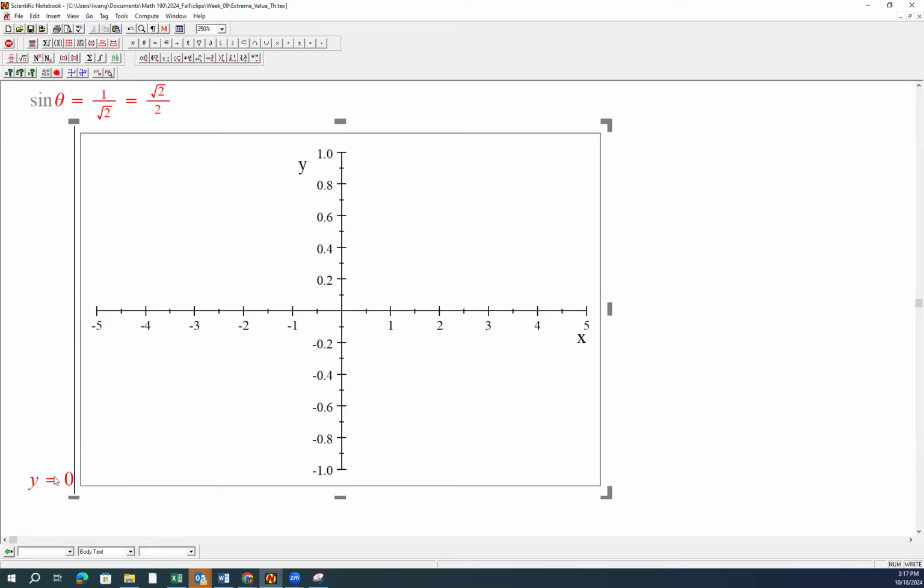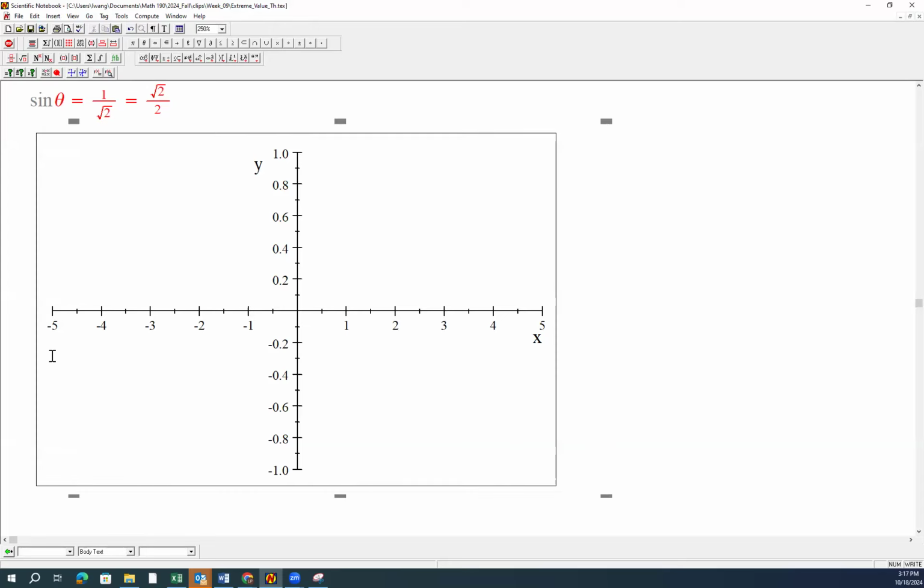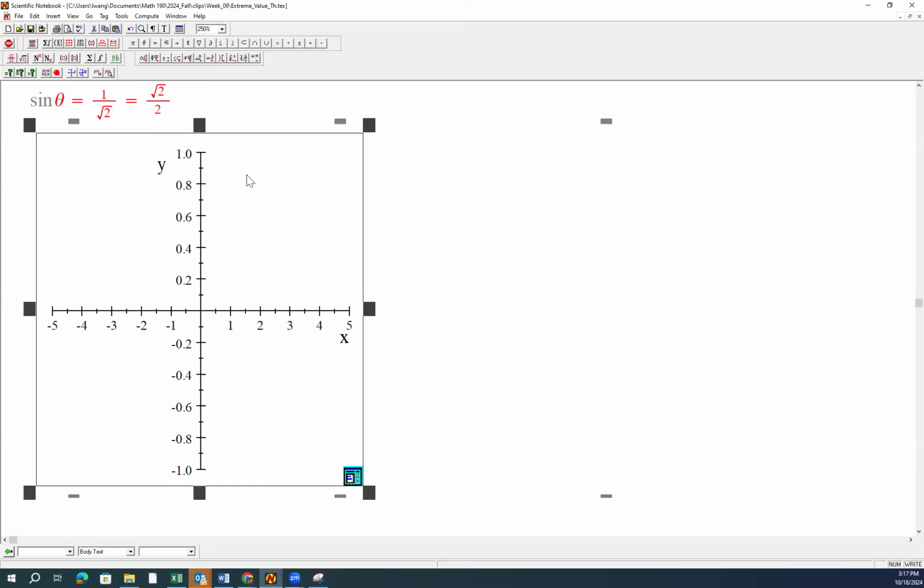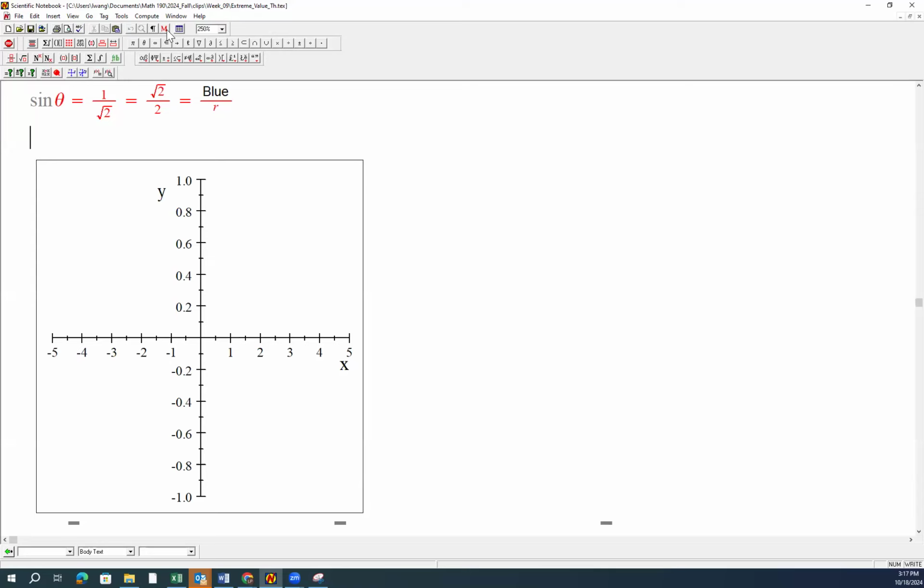By the definition of red and blue, we know sine theta is related to the blue over R. Obviously the blue equals root 2.